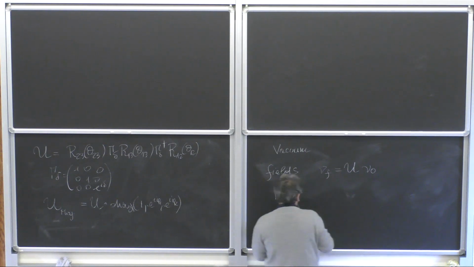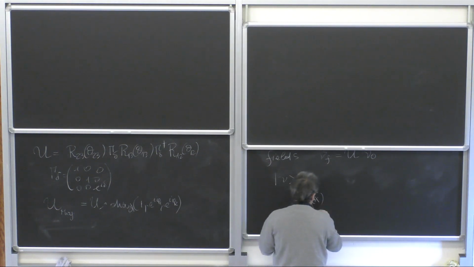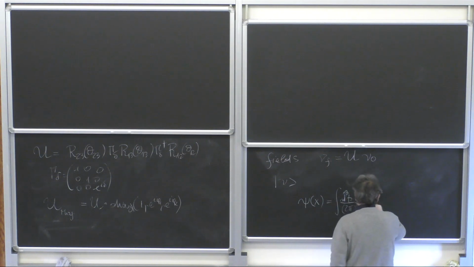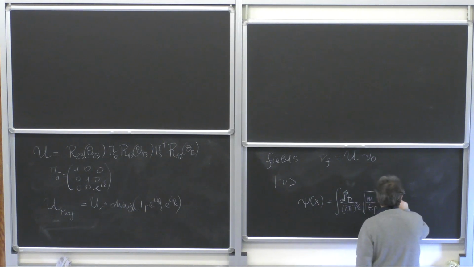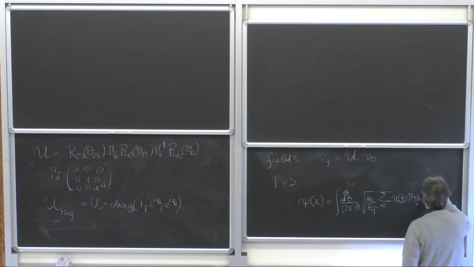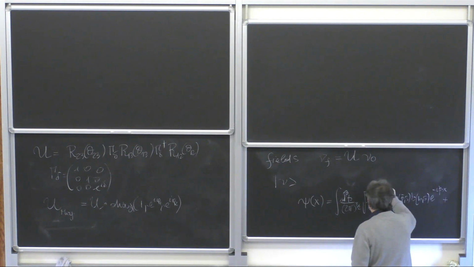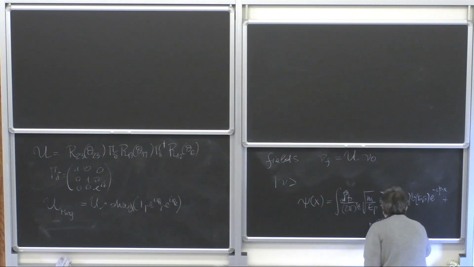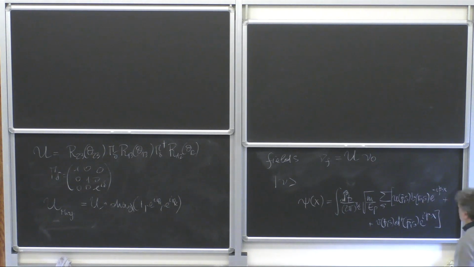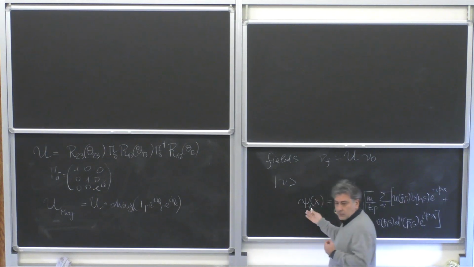Because if you remember the Fourier expansion of a spinor, the integral d³p over (2π)^{3/2} square root of m over E_p, sum over s, of u_p^s b_p^s e^{-ip·x} plus v_p^s d_p^s† e^{ip·x}, you see that this is, for instance, the field for a neutrino.